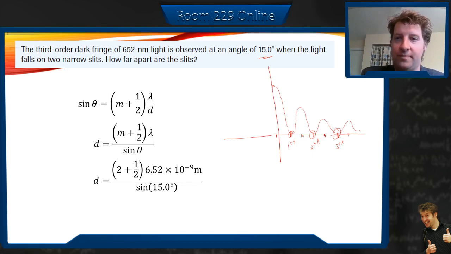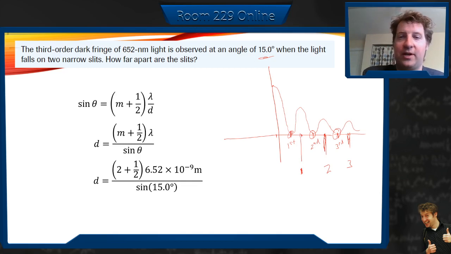So this is 1, right? This is 2, and this is 3. Those are the bright spots. So when I want the third order dark spot, that's going to be in between 2 and 3, which is 2.5. So m in this case is 2.